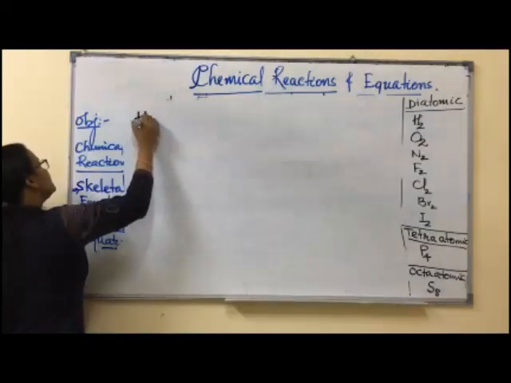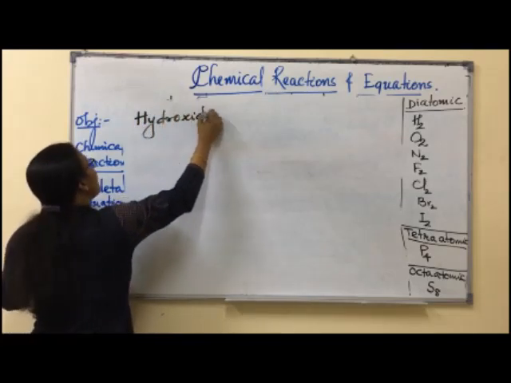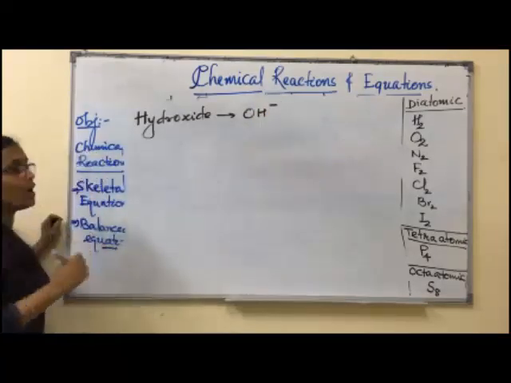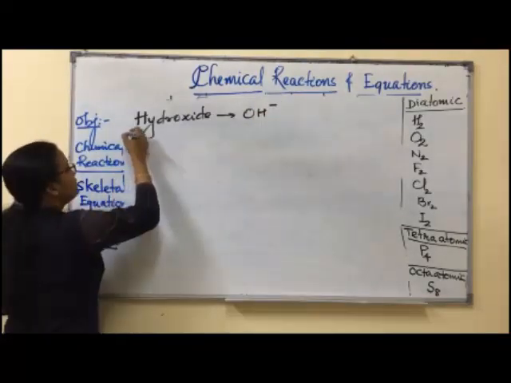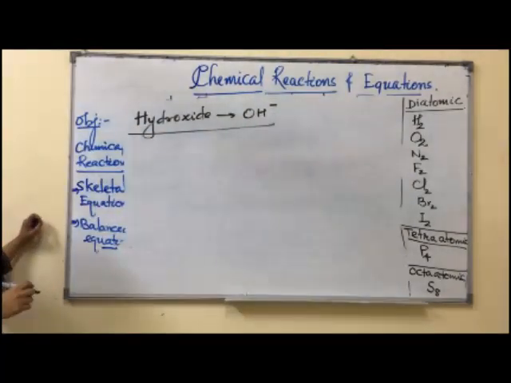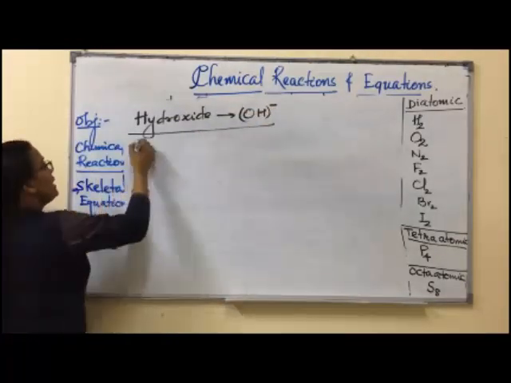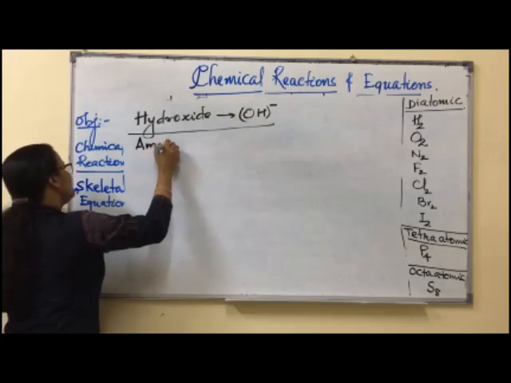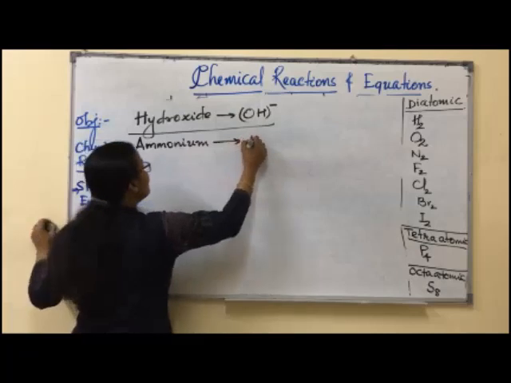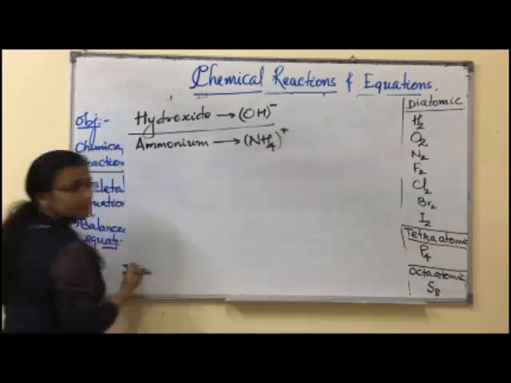Let us consider the first one, hydroxide. Hydroxide can be represented as OH negative, that means valency 1. Here O and H are two atoms, together they possess a single valency of -1. Then ammonium ion, which has the symbol NH4 with a +1 charge.